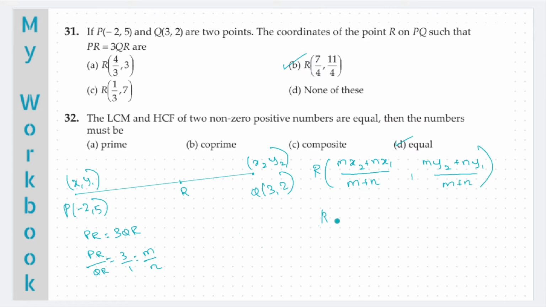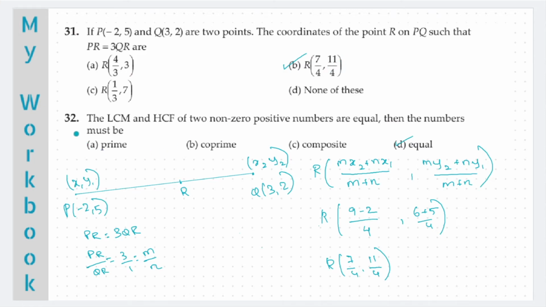So if we substitute the values, we'll get 9 minus 2 divided by 4 and 6 plus 5 divided by 4. So R will be 7 by 4 and 11 by 4. So option B, 7 by 4, 11 by 4 is the correct answer.